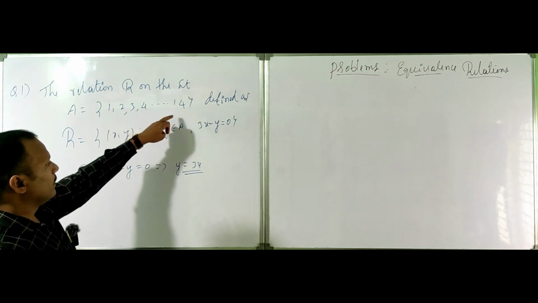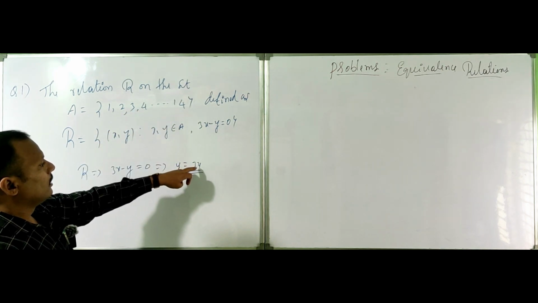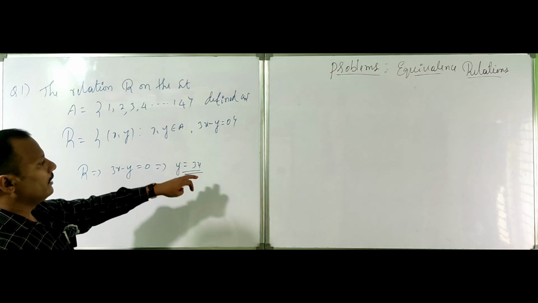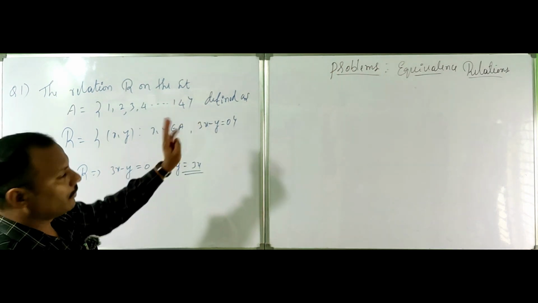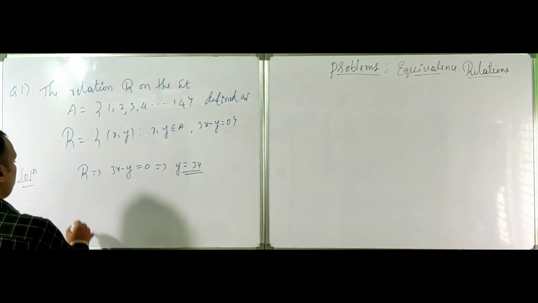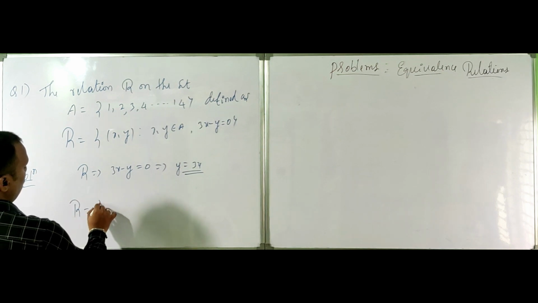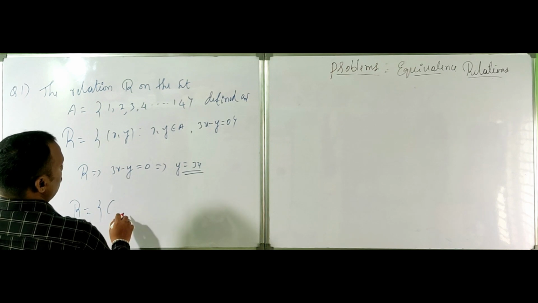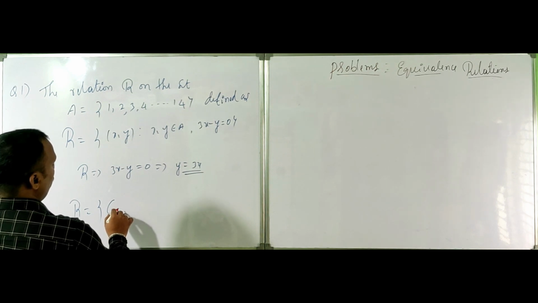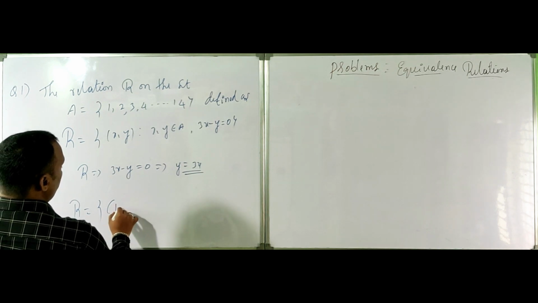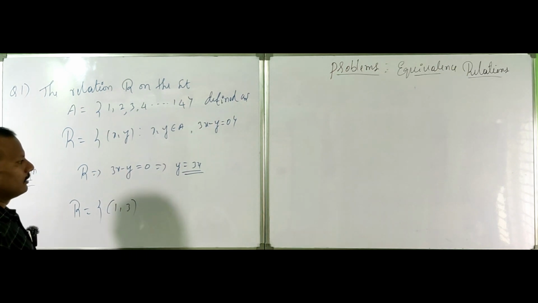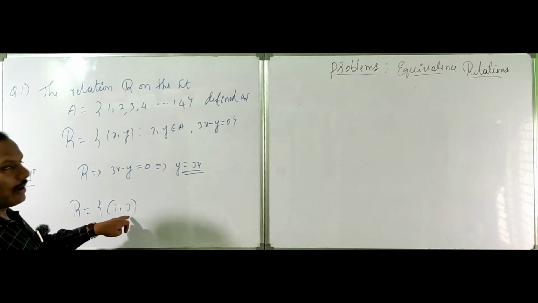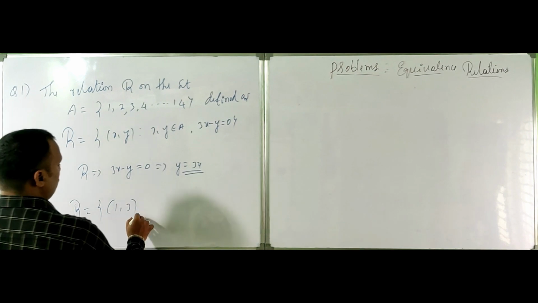Here you should take the maximum values, so that Y should not go beyond 14. So I am writing this as the set R. If X equals 1, Y equals 3, so (1, 3).